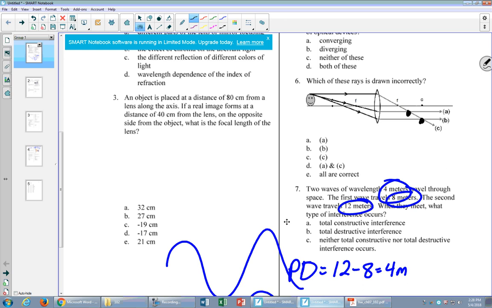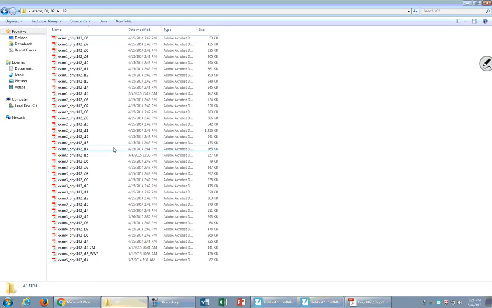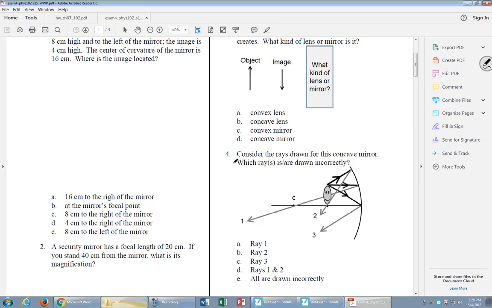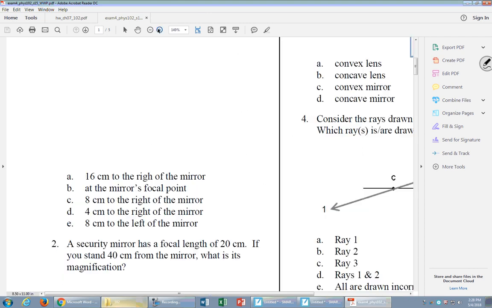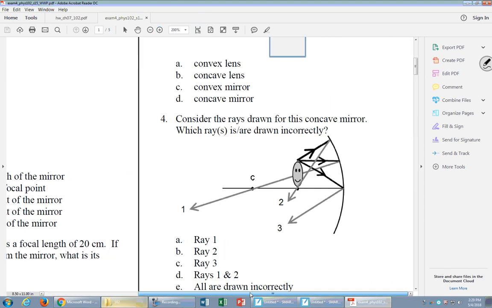Let's look at another one. Let's see if spring 15 had one. I'm sure they did. Oh yeah, look. So here's one. I have 3 rays. Are they all incorrect?